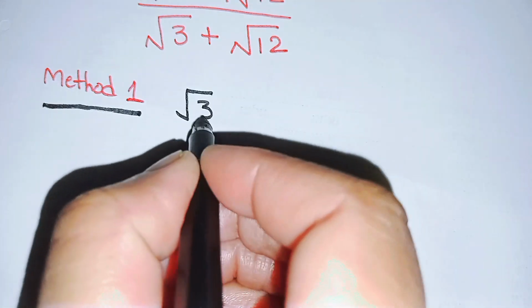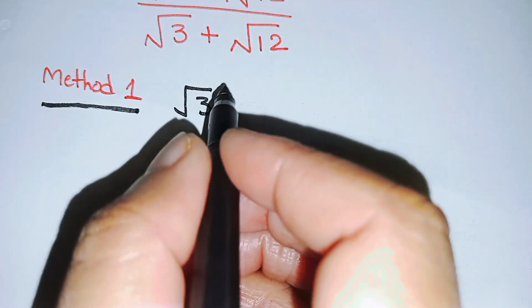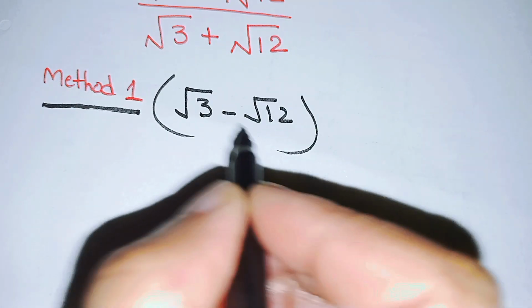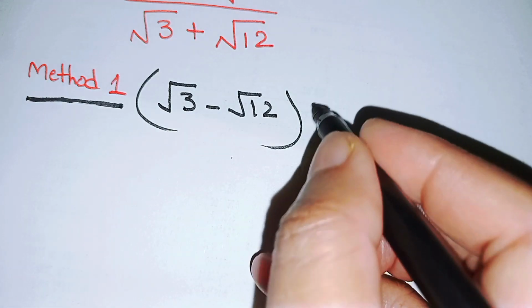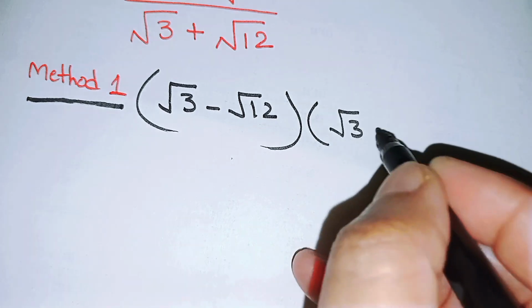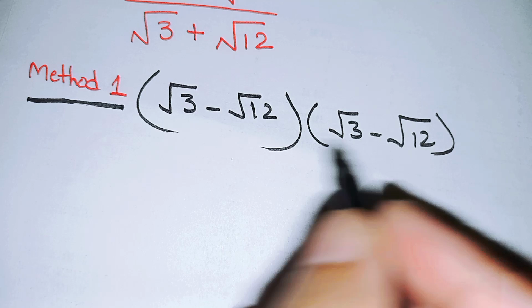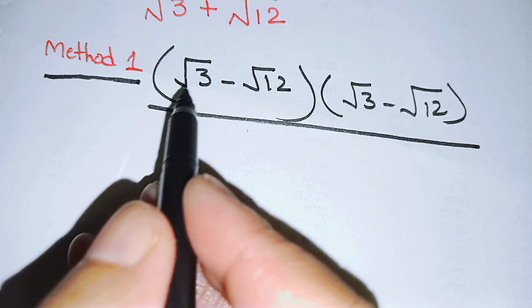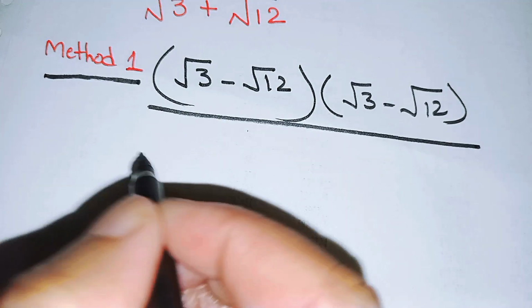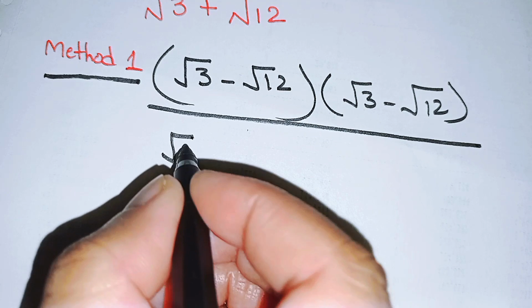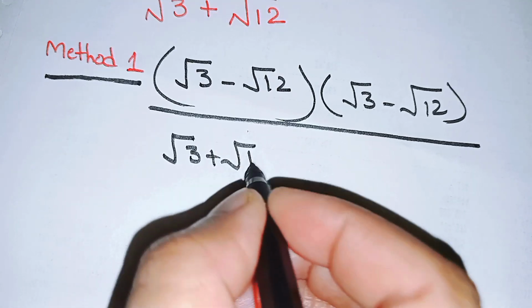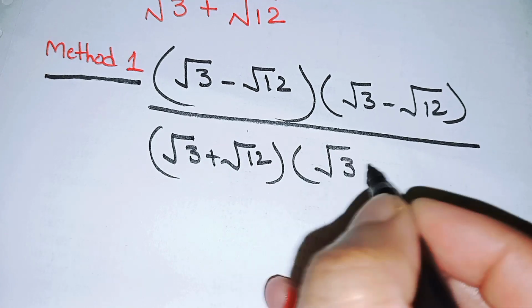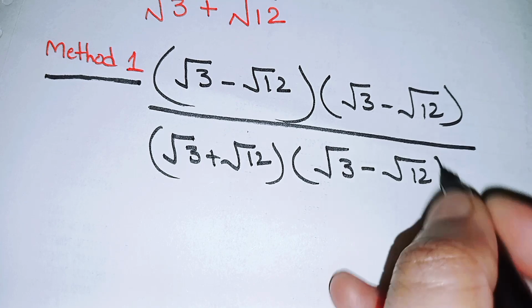This can be written as the square root of 3 minus the square root of 12, and we multiply it by the same, the square root of 3 minus the square root of 12, over the square root of 3 plus the square root of 12 multiplied by the square root of 3 minus the square root of 12.